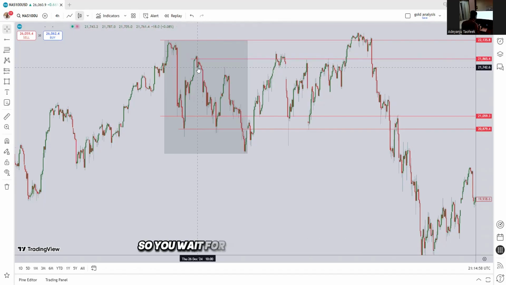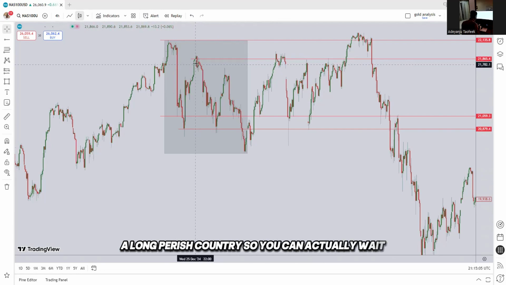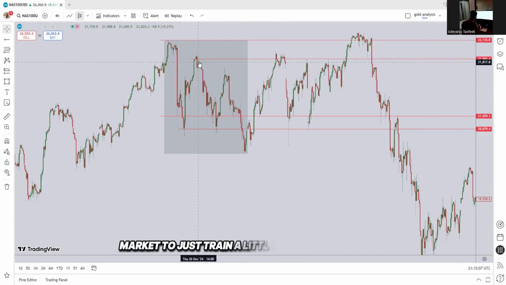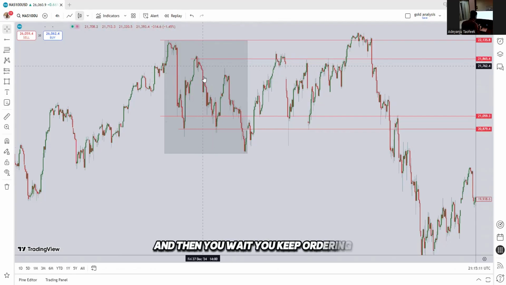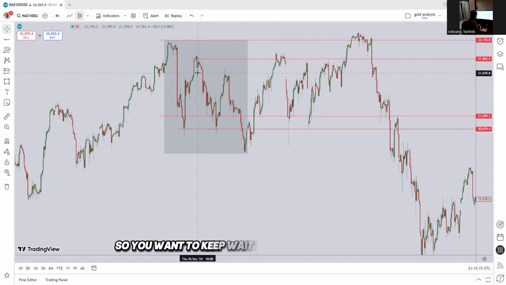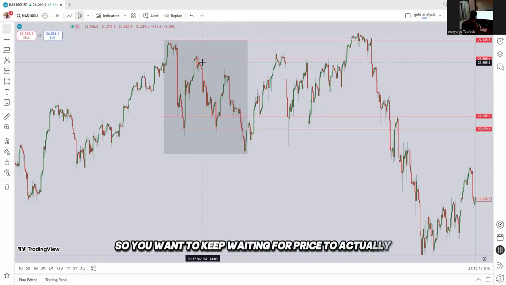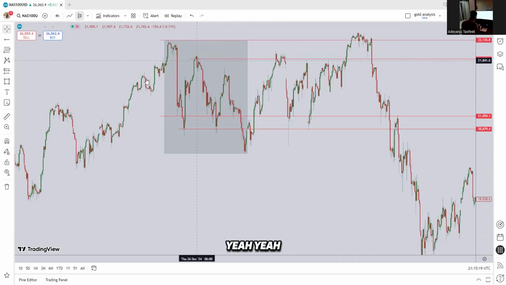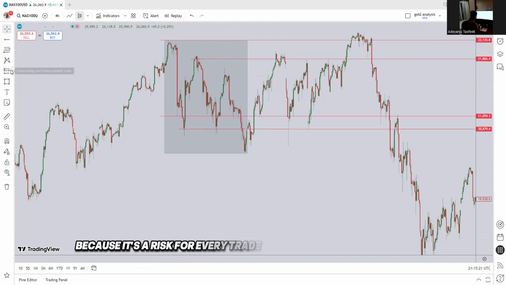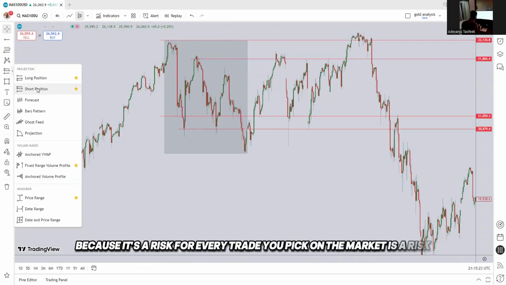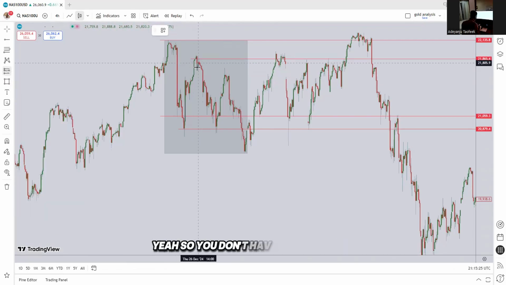So you wait for price, maybe the middle of this, because this is actually a long bearish candle. You can wait for the market to trade a little bit inside of the zone, and then you keep holding the 4 hours, it's a daily time frame. So you want to keep waiting for price to play out, because every trade you pick on the market is a risk, so you don't have to panic.